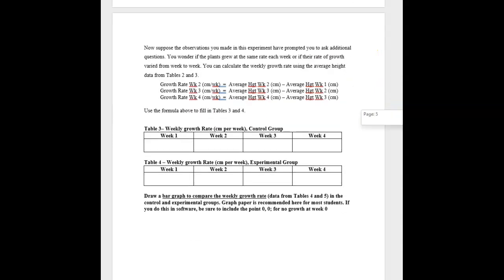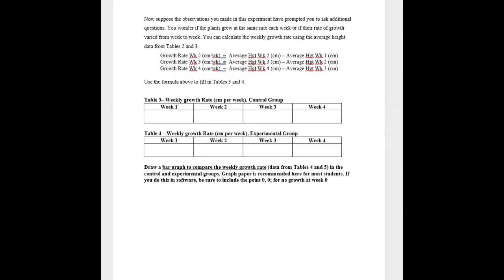So here we go. Now we're going to look at the data in a different way. We want to see, were there spikes between weeks, like it really shot up in week 3 compared to week 2.